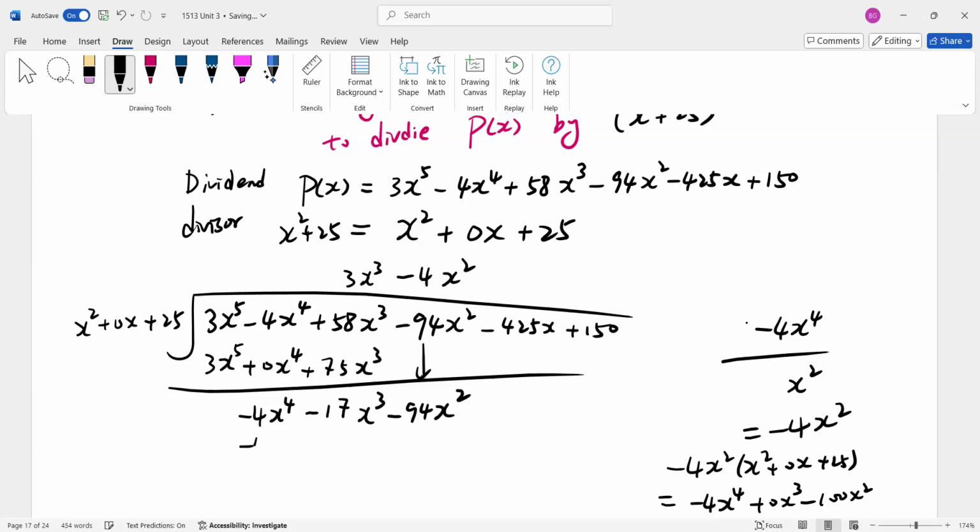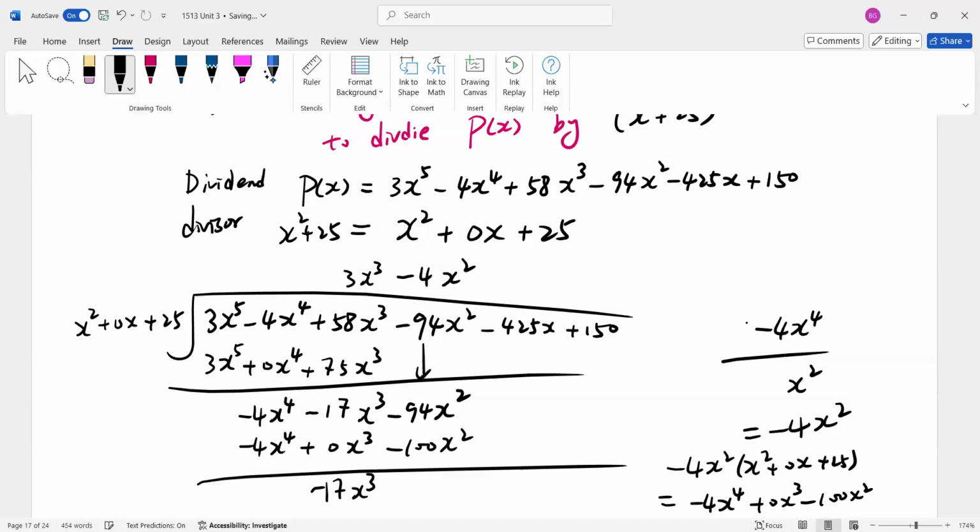Put that under and then subtract, cancel the first term, negative 17x cubed, and this one is going to be 6x squared. Double check. Okay, let's continue.